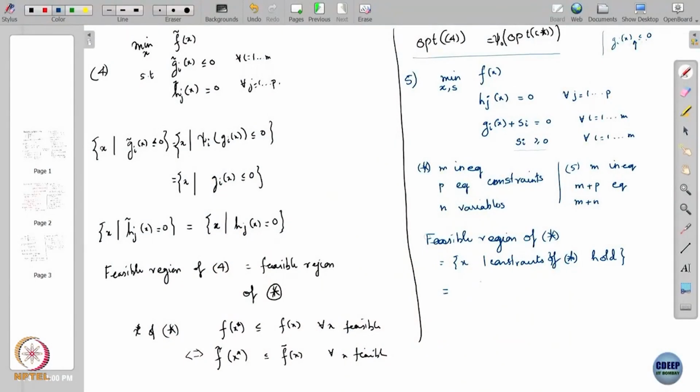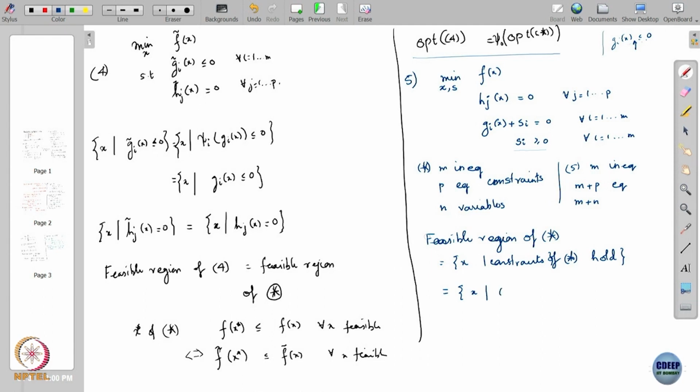Well, one way to do this is to observe the following. See, the feasible region of star is the x such that the constraints of star hold. Okay. Now, the feasible region of phi can be brought in the following way.